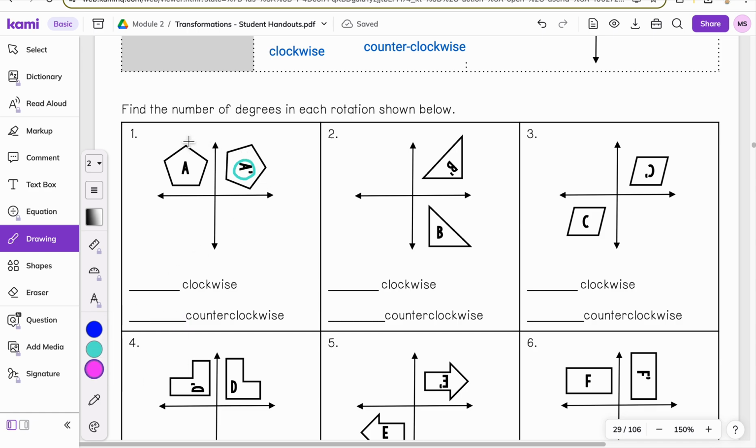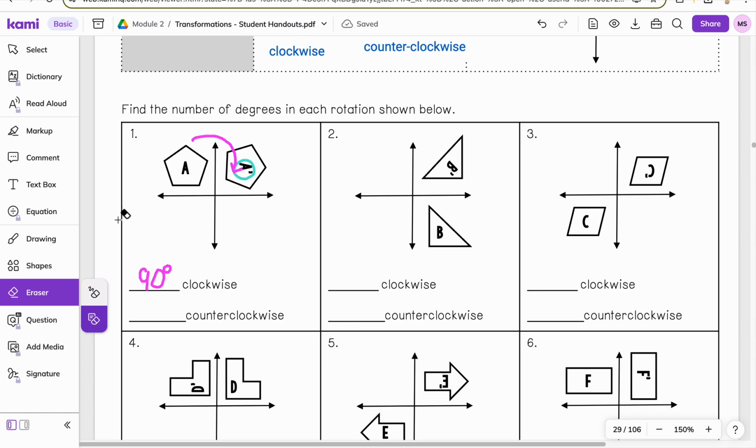We are moving this shape in this direction, right? So going from here to here, that would be clockwise. And how far did we go? Well, we moved it 90 degrees because it went one part of the coordinate grid. So we can say this was a rotation of 90 degrees clockwise.